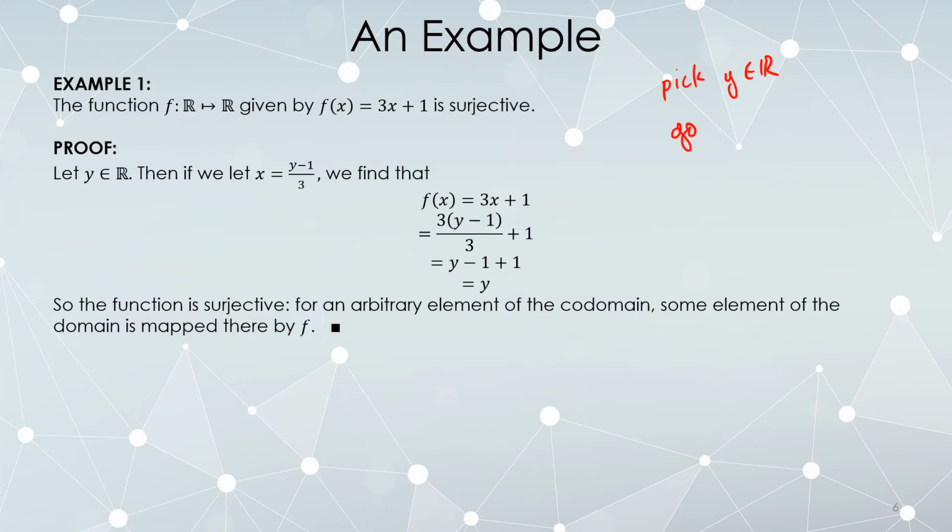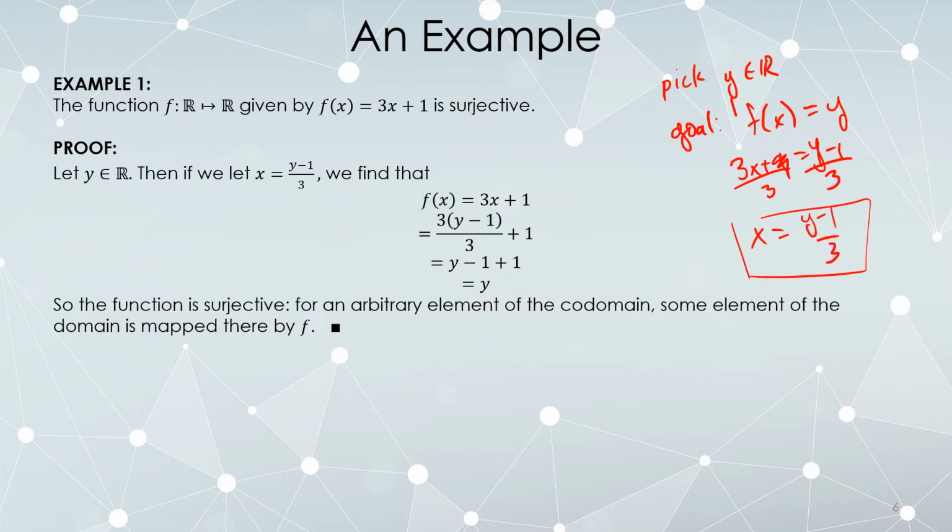And then our goal is to solve for which x satisfies f of x equals y. Well, this is 3x plus 1 equals y. Then I can subtract 1 and divide by 3, and get x equals y minus 1 over 3. Now that I have found a particular x that will solve this, that's the x we pick right here.